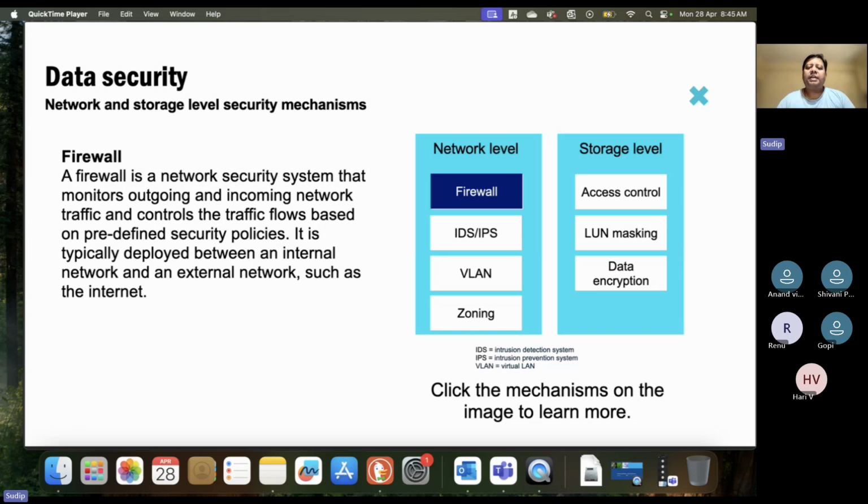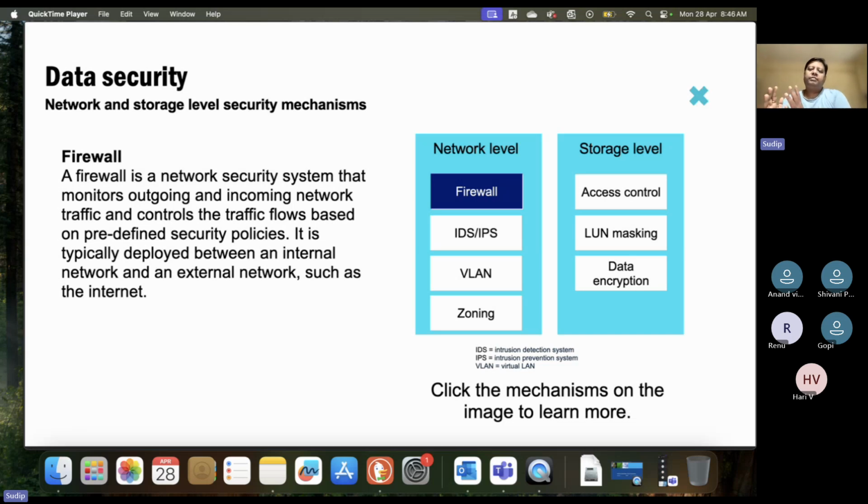Now, a firewall can be deployed in multiple ways. You can have a software-only firewall, and you can have a purpose-built appliance called a firewall, which is nothing but hardware with built-in software inside it. What is a software firewall? You need a server, and on the server, you put the firewall software separately, and you make sure the network is designed in such a way that everything goes through that server. That's the implementation of a software firewall.